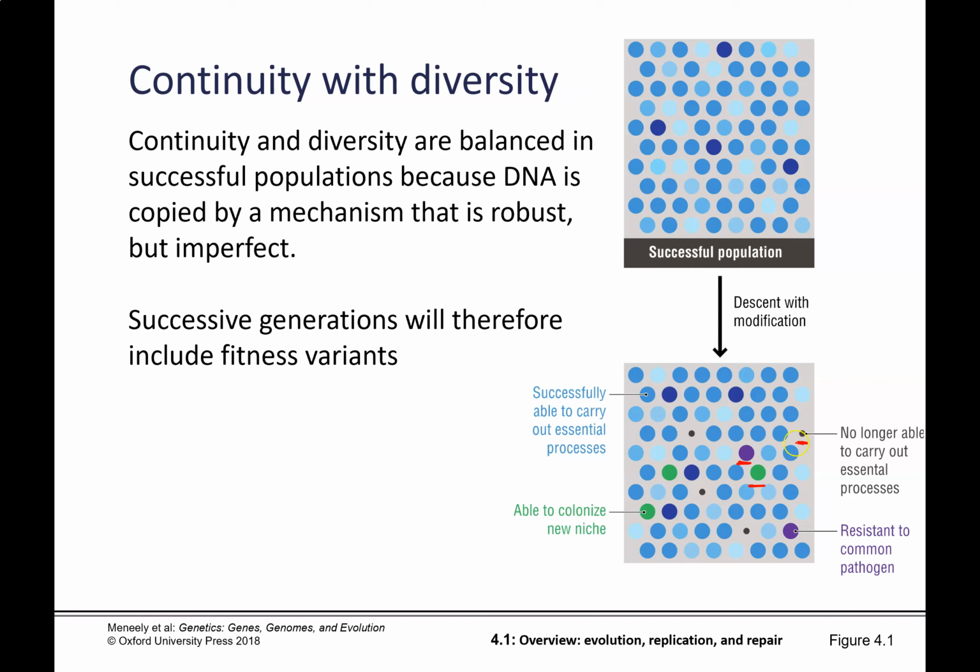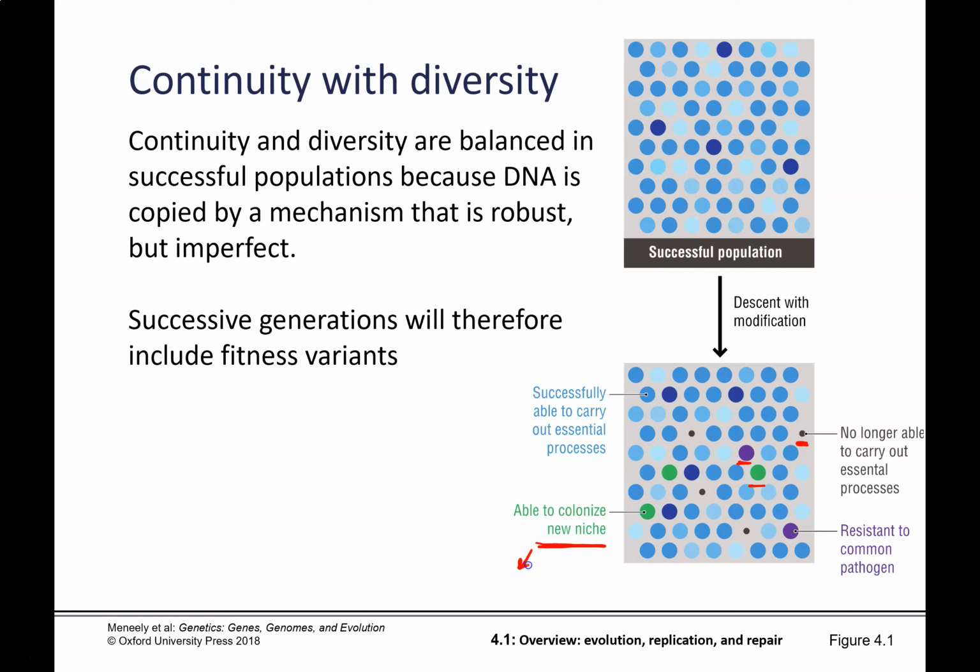So these little black dots represent individuals who could not survive. And so that variant is going to die and you're going to lose it from the population. But these other two are individuals with different selective advantages. This one is a trait that allows them to colonize a new niche or a new local environment.